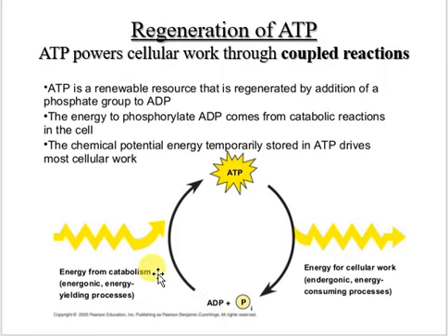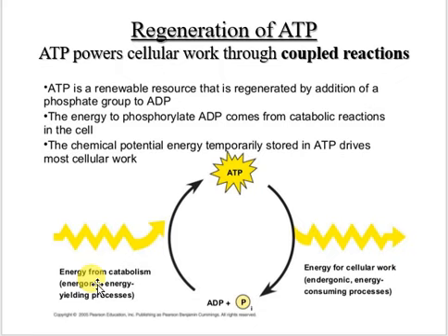Those catabolic reactions, ignore this here, this is incorrect, are largely exergonic, right? So energy is being released by these reactions. They are energy yielding processes. The energy that comes from these catabolic reactions will be coupled with ADP and your phosphate in order to link them together to synthesize ATP.